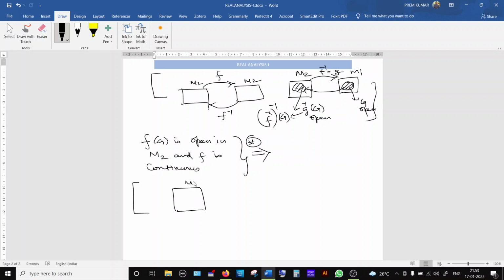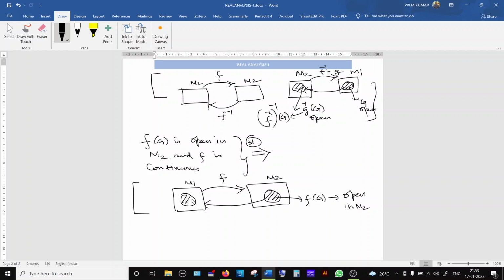This is again M1, this is M2. f is a continuous function from M1 to M2, and just now we proved that f of G is open in M2. So as per this star result, we take the inverse image of this set.